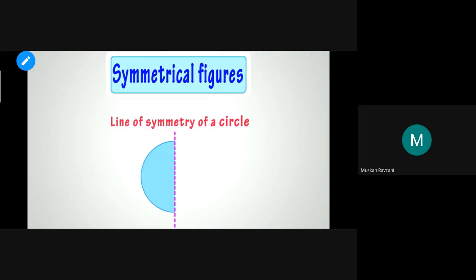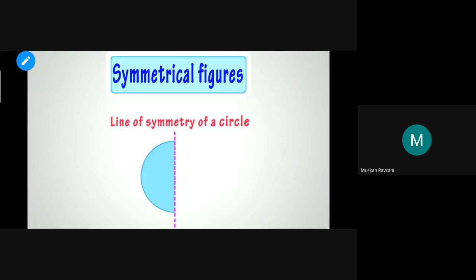I will transform all these shapes into objective questions with options.